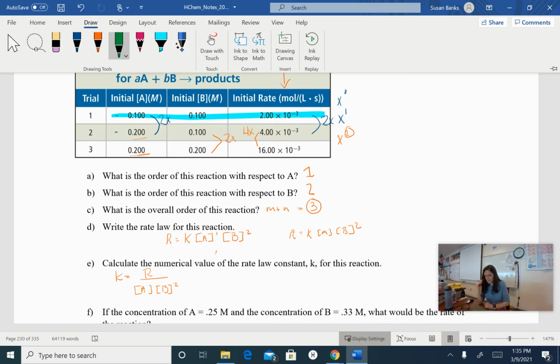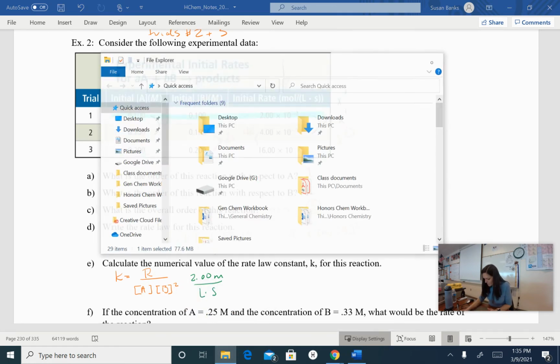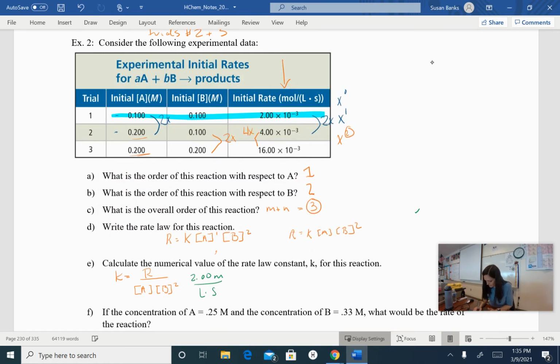So let's plug in our things. So our rate is 2.0, and our units are mole per liter second. Okay? And then the next thing is we have to divide by A. So if I divide by A, my concentration of A is 0.1 mole per liter. Remember, because this is molar.